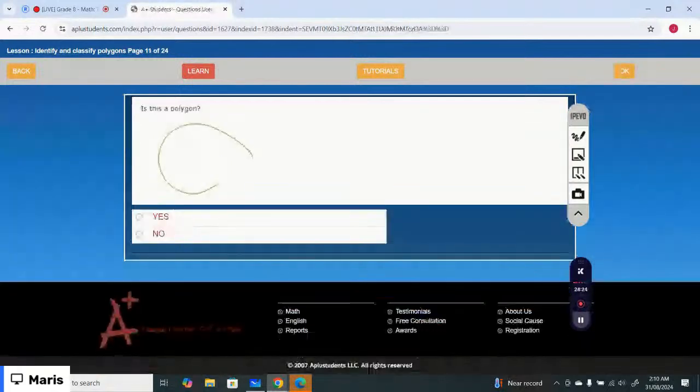Is this a polygon? The correct option is no, this is not a polygon.